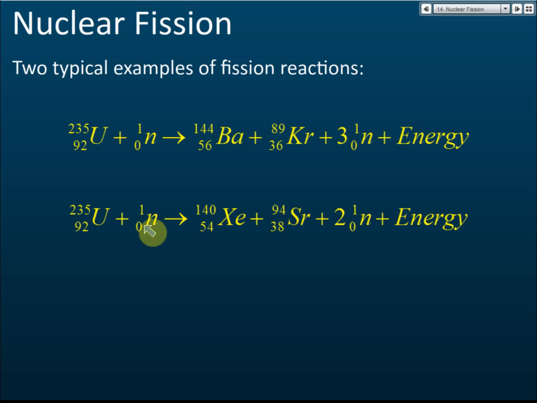No. After this, it becomes xenon and strontium, and at the same time two neutrons are released. So these are examples of nuclear fissions. You don't need to memorize these equations. It involves some calculations, but if they want you to do the calculation, they will give you the equations.